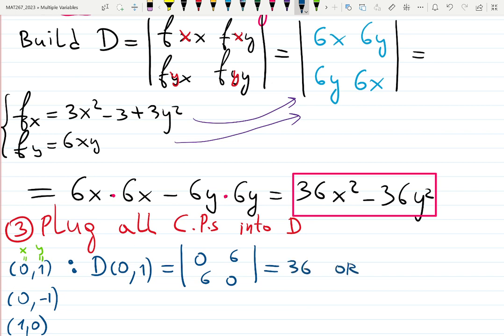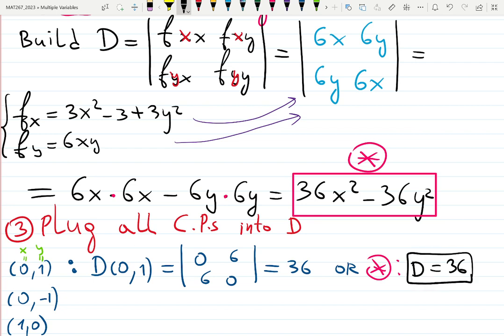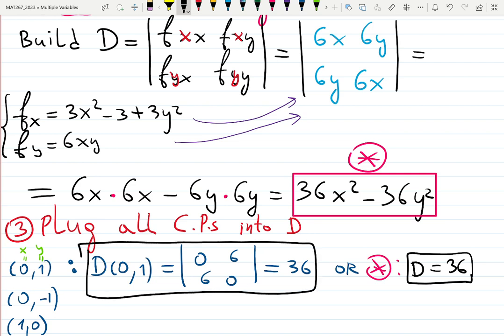Or you plug into the box, let me call it star. You can plug there too. D is X is 0, minus 36 times 1, 36. Both are fine. You choose which one you like to do. I see students do both, so that's why I want to explain both. Maybe. Yes, it is negative 36. Good job. I didn't make this mistake on purpose.